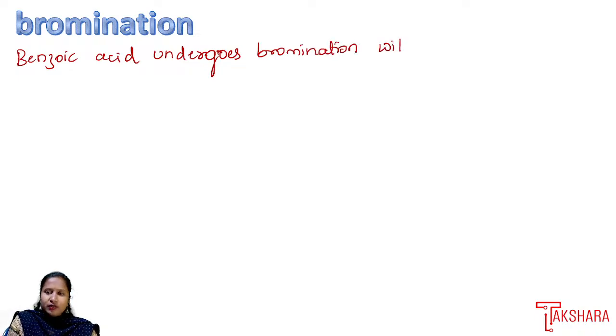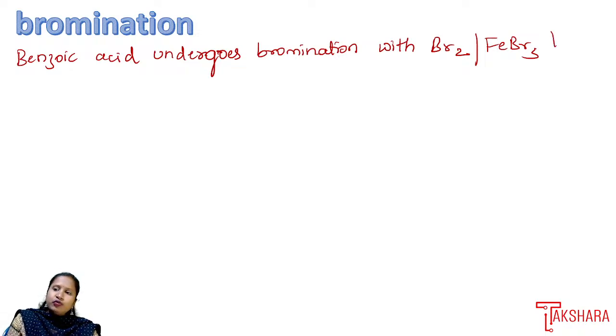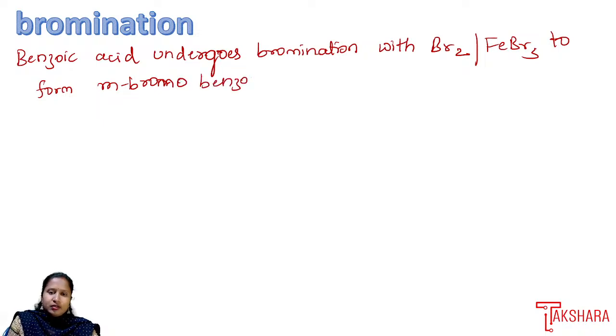Bromination with Br2 in the presence of the catalyst FeBr3, to form the product meta-bromobenzoic acid. To form the product what? Meta-bromobenzoic acid.